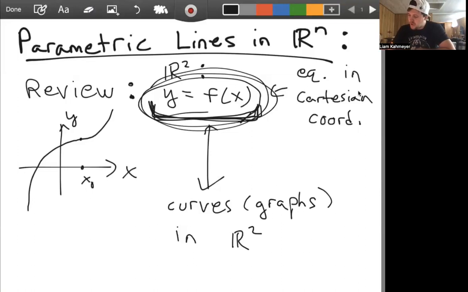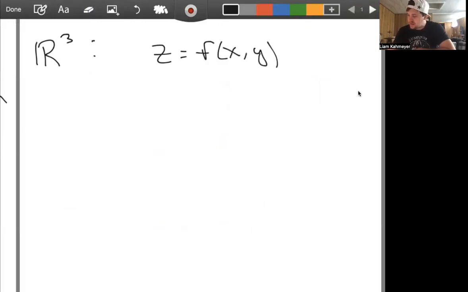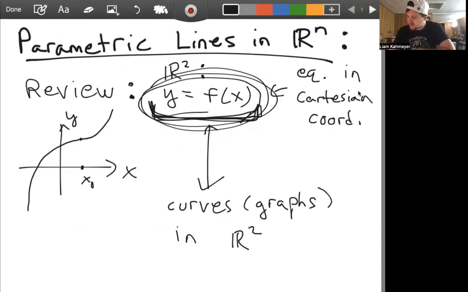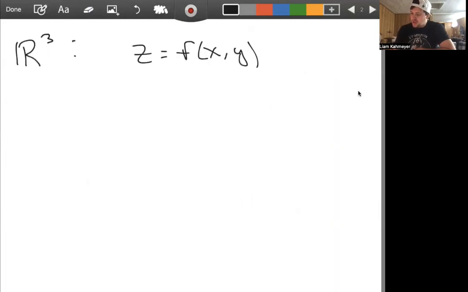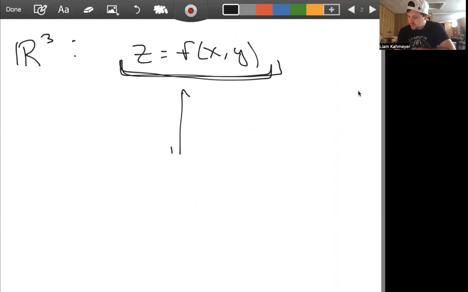Or if you have taken Calc 3, let's say we're looking in R3, and you have something like z equals f of x, y. This is in Cartesian or rectangular coordinates again. And each of these algebraic statements is in one-to-one correspondence with surfaces in R3.